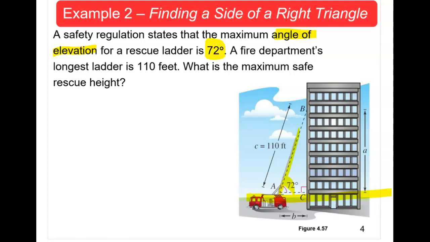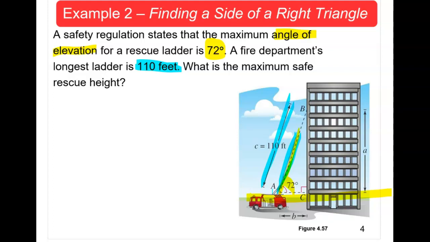And the fire department's longest ladder is 110 feet. That will be the length of the ladder, perhaps here without being fully extended, because here they're marking it at 110.